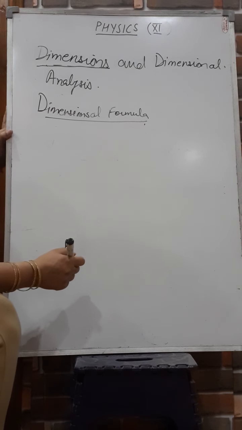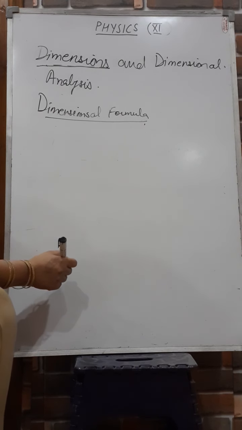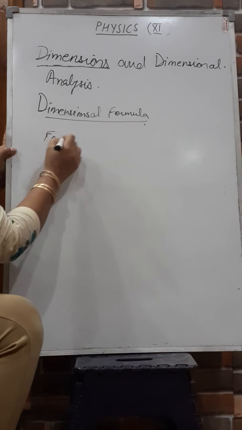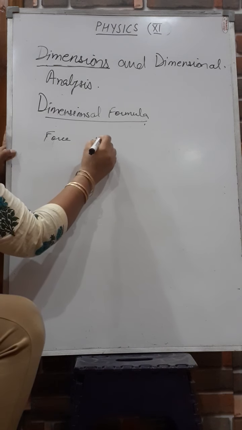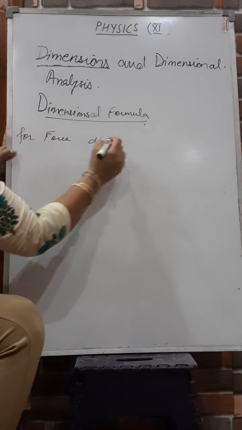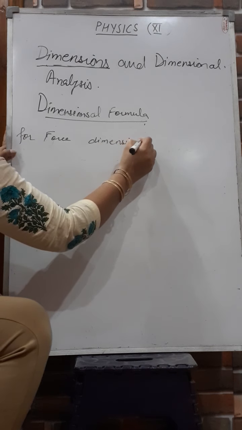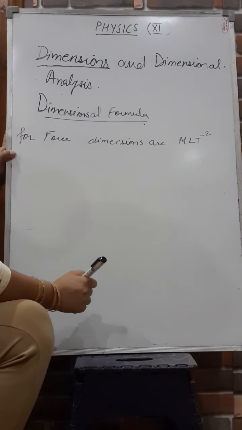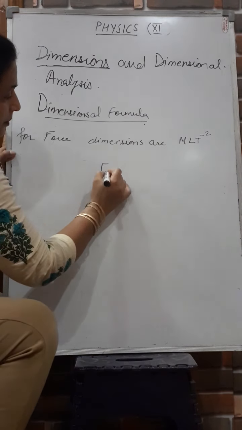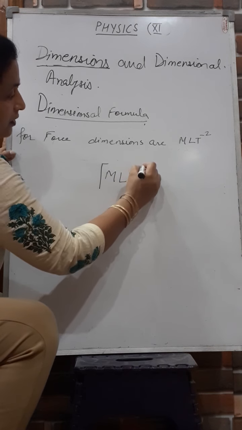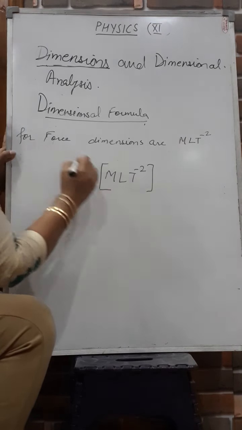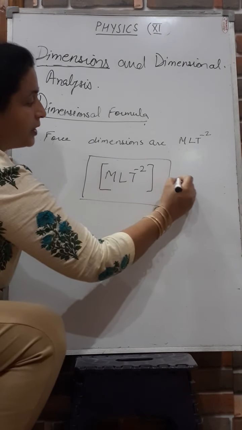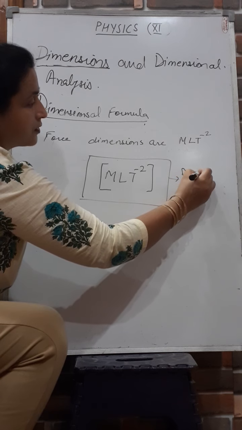When dimensions are represented in square brackets, for example for force, the dimensions are M, L, T minus 2, right? So writing these dimensions with their symbols of fundamental quantities in square brackets is called the dimensional formula for force.